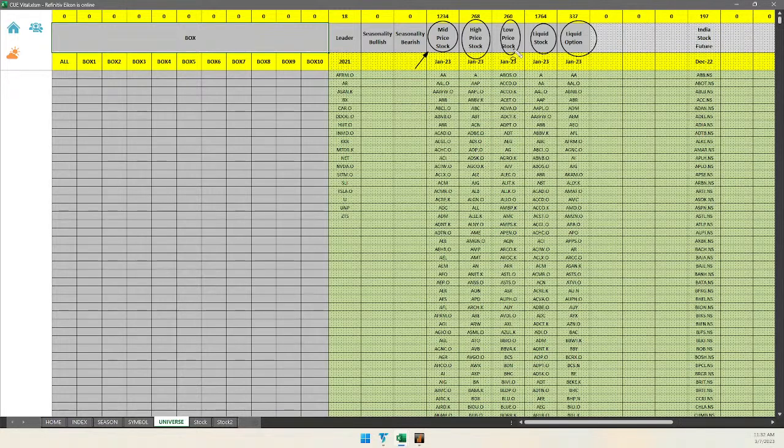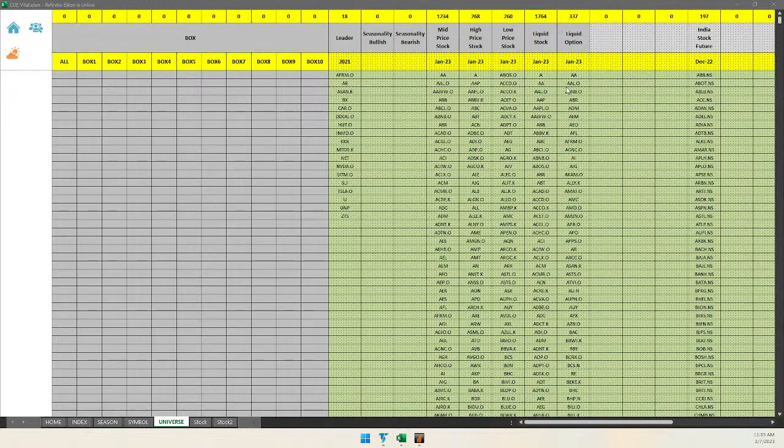Low priced ones tend to be very speculative. High priced are expensive, whereas mid price stocks tend to move a lot, the right amount of time. Move a lot, but not so speculative as low price stock. So this is my favorite universe to start with for trading stocks. And if I'm trading options, I want to only focus on stocks with liquid options.